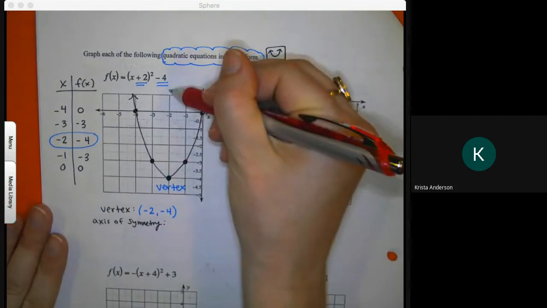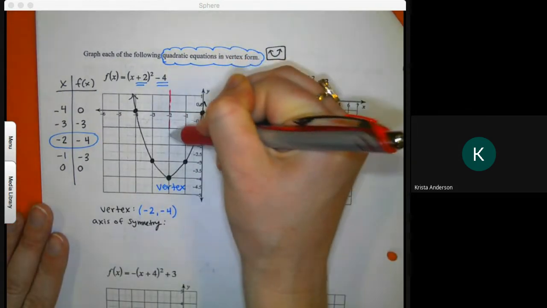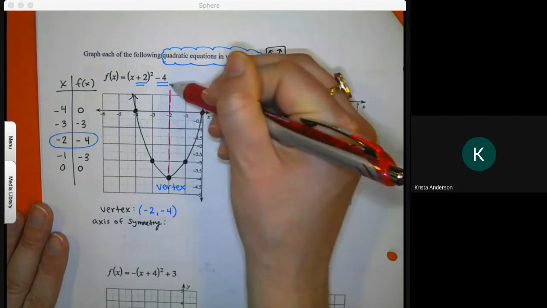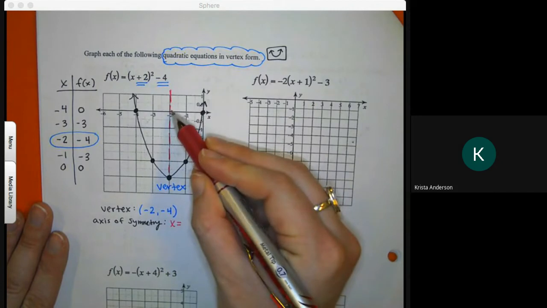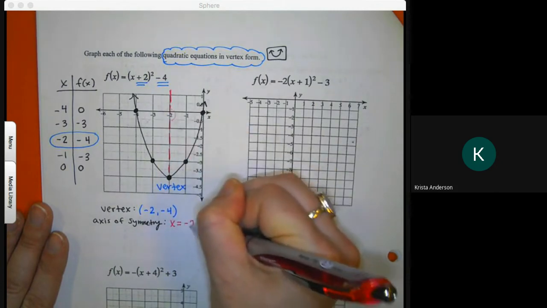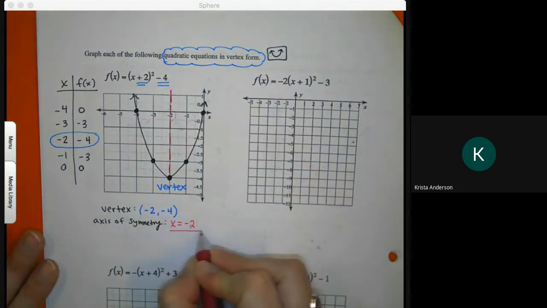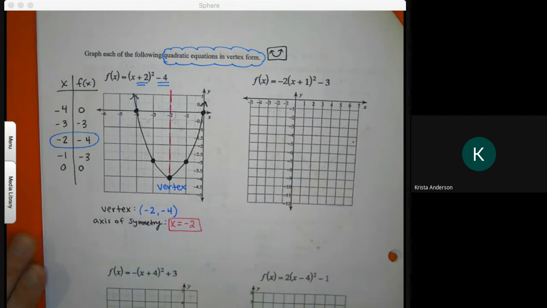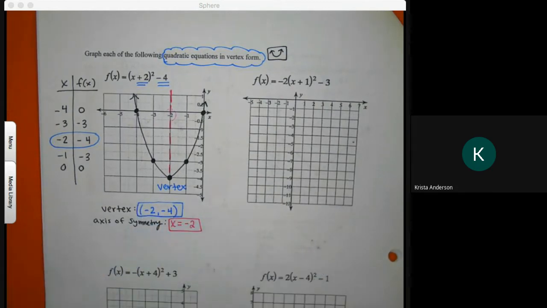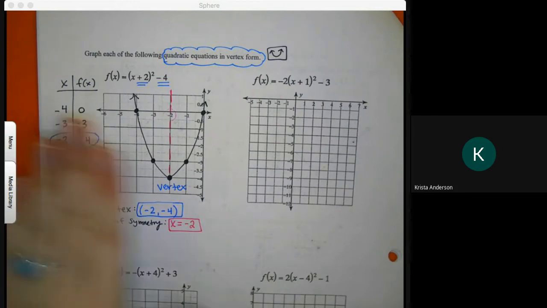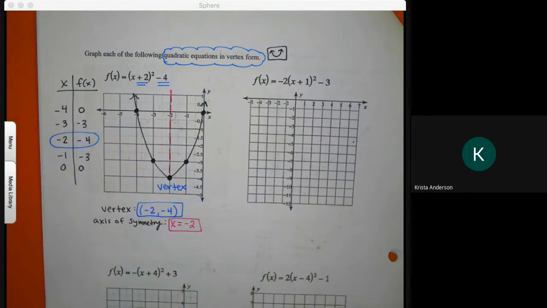My axis of symmetry would be cut right down the middle, where x is equal to -2. That's my axis of symmetry. That's it. That's what your homework will ask for: a table, a graph, identify.